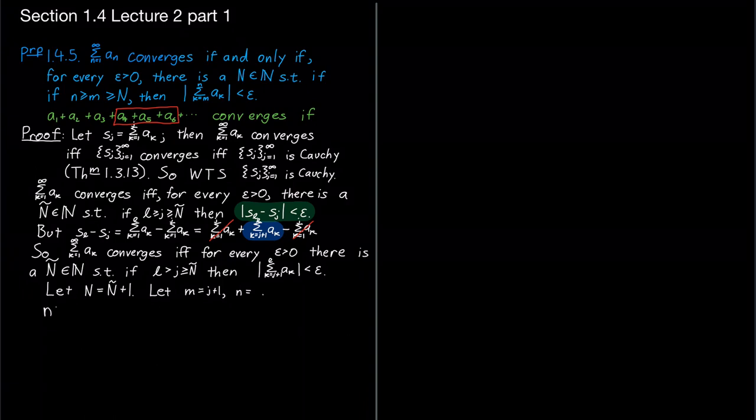Then n is bigger than or equal to m is bigger than or equal to N if and only if L is greater than J, is greater than or equal to N twiddle, since J is m minus 1, and N twiddle is big N minus 1.